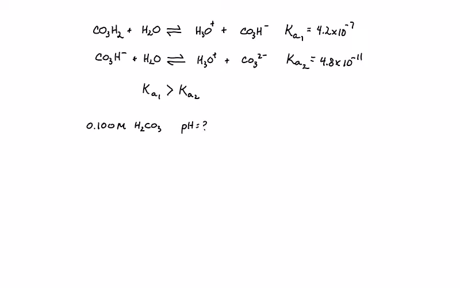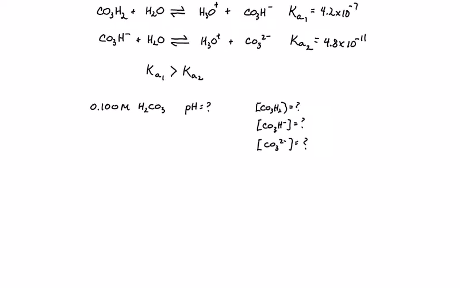And at equilibrium, what are the concentrations of carbonic acid, the concentration of bicarbonate, and the concentration of carbonate in solution? And as you can imagine, this is just a really big equilibrium problem, which is what we're going to tackle here.